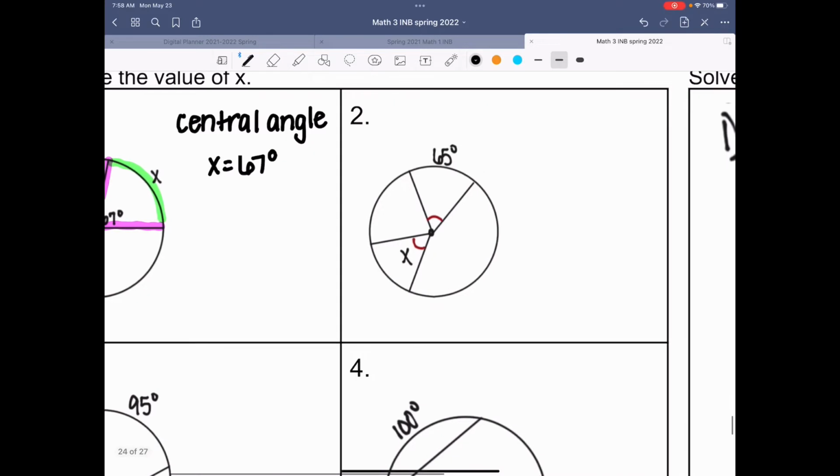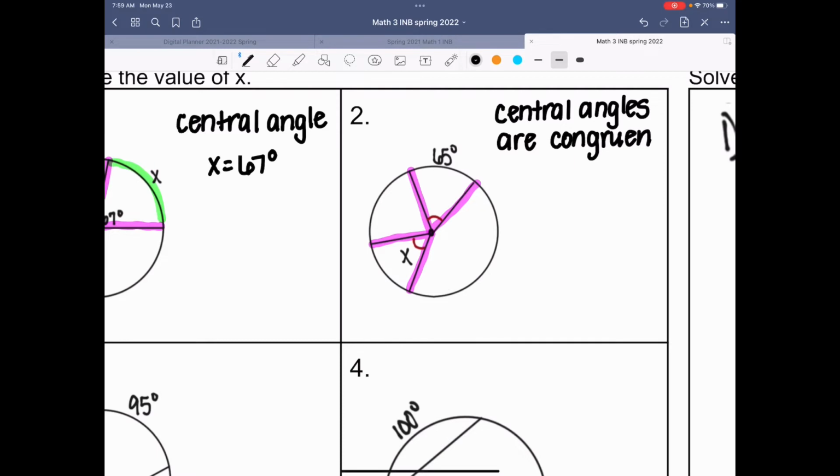All right, so for number 2. For this example, I have two central angles, and the marks here, they both have one arc that's in the actual angle. So they're called angle marks. So these angle marks are telling us that these angles are congruent. So the central angles are congruent. Now, since the central angles are congruent, that means that their arcs must also be congruent.